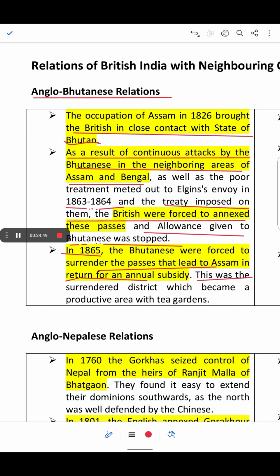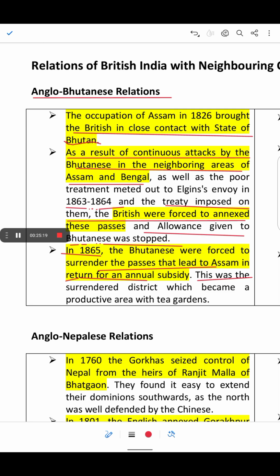So in 1863-64, Bhutan treated British envoys Elgin and Ashley Eden badly. This angered the British, leading to military action. The British stopped giving the subsidies, that is the financial help, to Bhutan, and they took control of important mountain passes used to enter Assam.